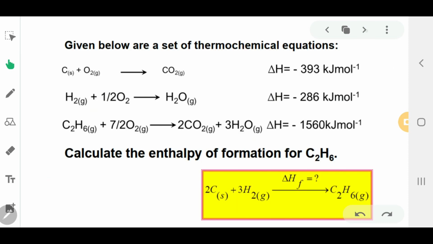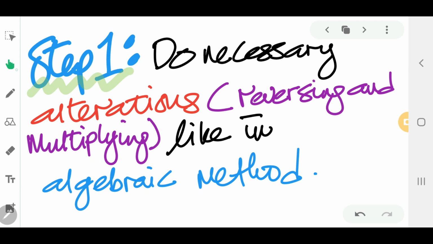So when you have a question like this and you are required to solve it by using the energy cycle method, step number 1 is to do the necessary alterations by reversing or multiplying, just like what we have done in the algebraic method.